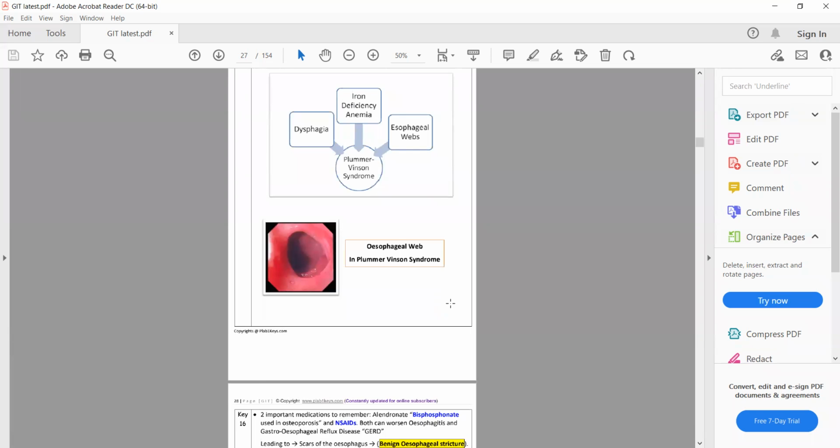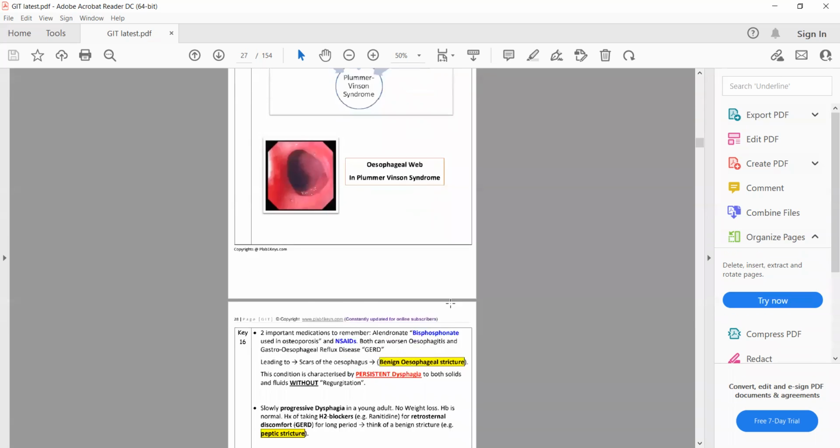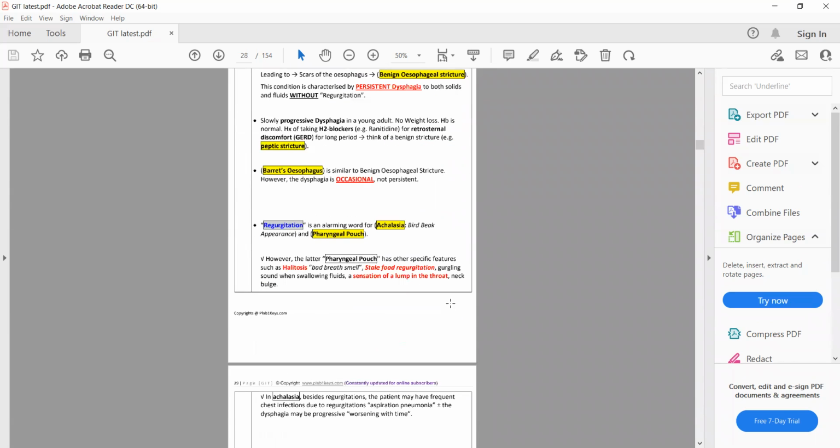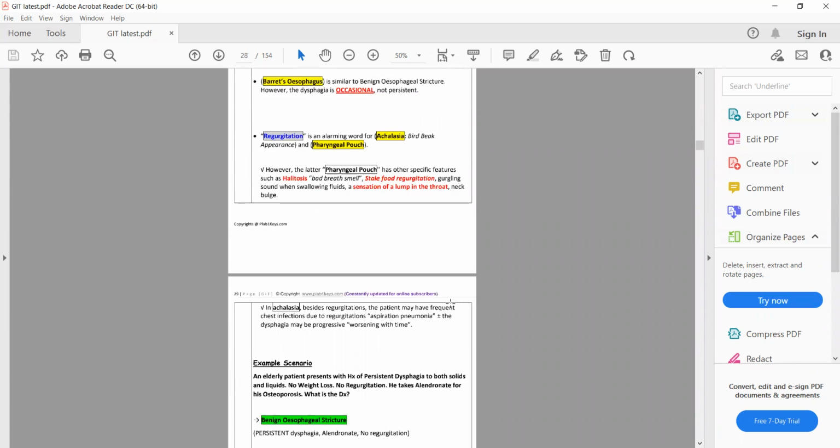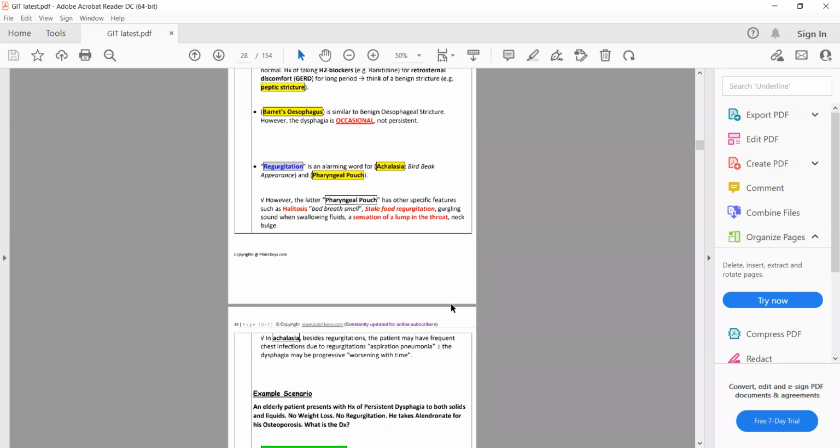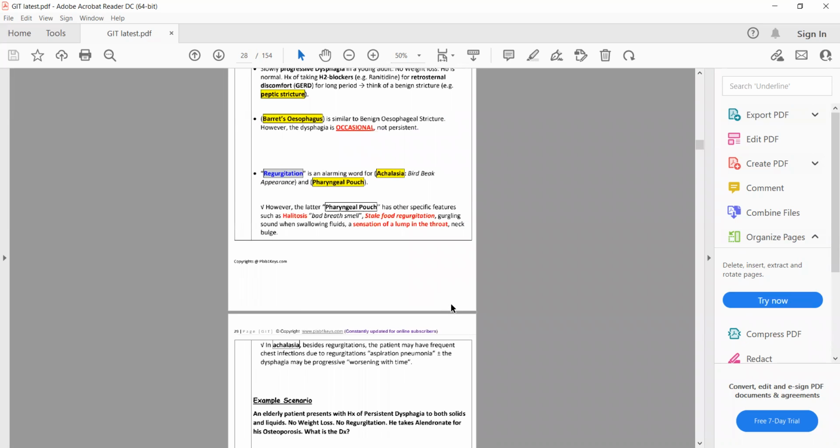Now, this was the fourth cause of dysphagia: achalasia, esophageal cancer, pharyngeal pouch, and now Plummer-Vinson syndrome. Now, the fifth cause of dysphagia, we'll discuss that, but let's first discuss an example.